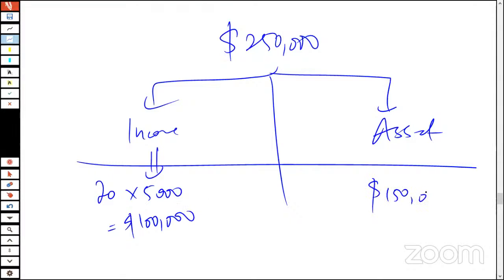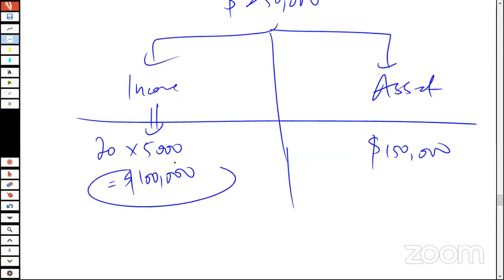This 150,000 is to be asset related grant. So this 100,000 is going to be recognized in the P&L as income because the conditions have been met, the jobs have been created.